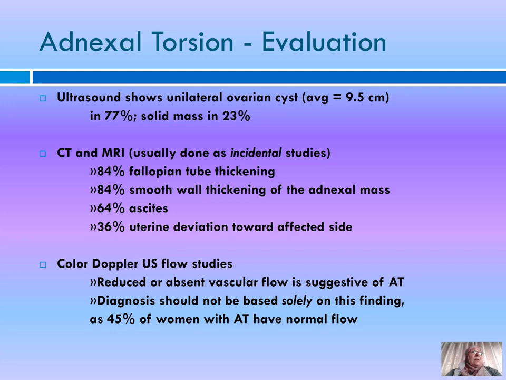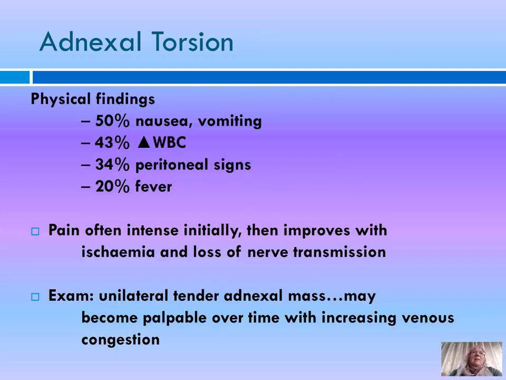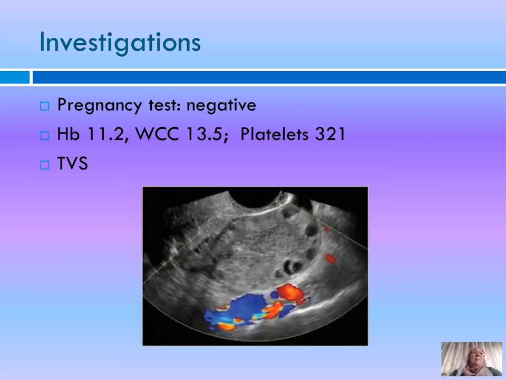Adnexal torsion evaluation is difficult. The ultrasound scan, you can see this picture, as I showed to you before. What is important in this picture is that you have a somewhat larger or increased size adnex, but you also have a cyst.